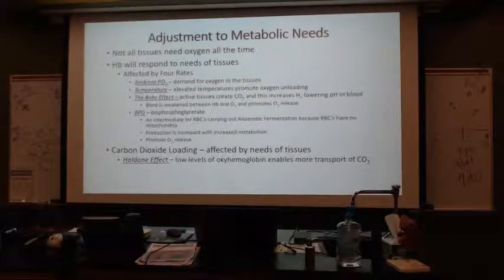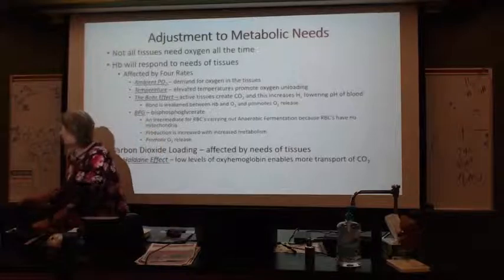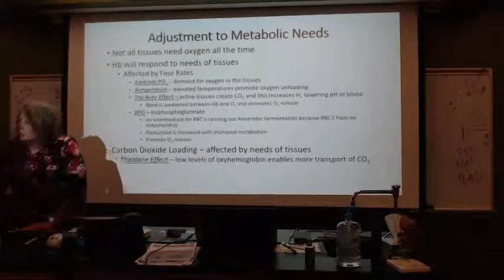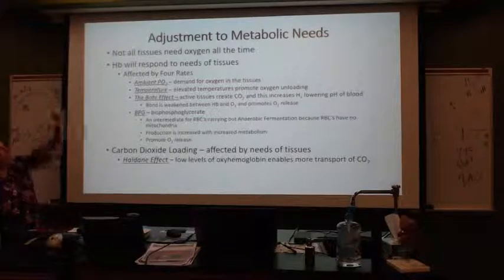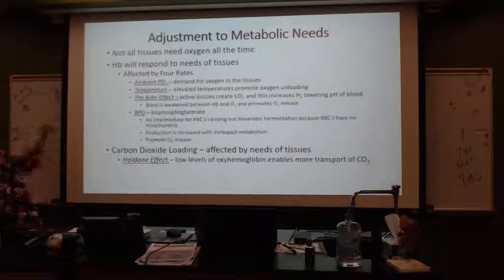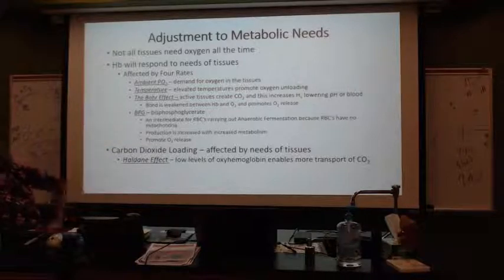And then, if I were to stop, okay, y'all answer a question for me. Ever had the professor that did this number? Adjustment to metabolic needs. Not all tissues need oxygen all the time. HB hemoglobin will respond to needs of tissues affected by 4 rates. Ambient pressure of oxygen.